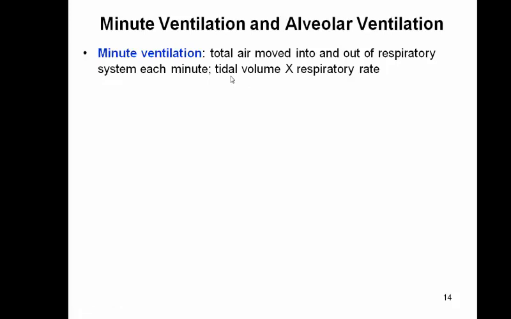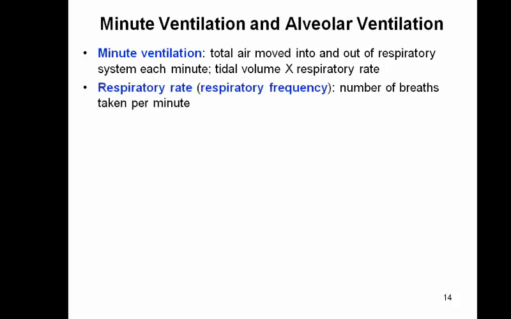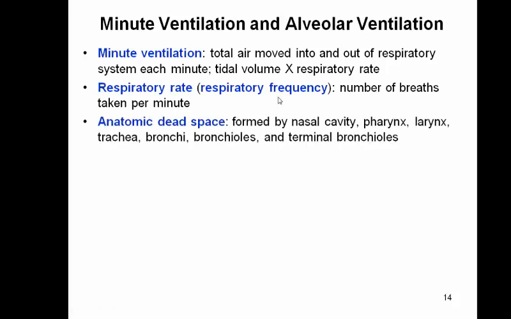On average, it's about 5.5 liters per breath, and we multiply that by the respiratory rate. On average, we take about 10 to 12 breaths per minute. As I mentioned, we'll revisit this term in a later slide. Respiratory rate, also referred to as respiratory frequency, is the number of breaths taken per minute.